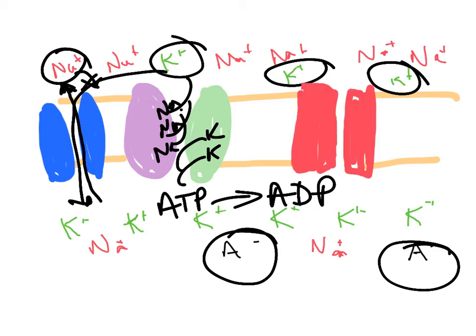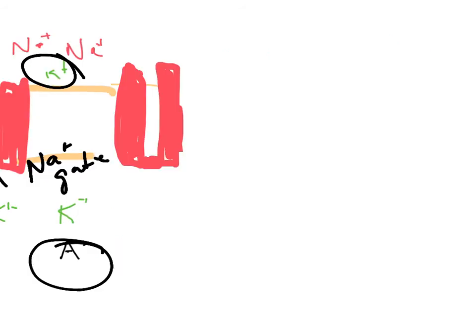We also have, we talked about before, gated ion channels, which under certain circumstances will open up and allow for the transport of ions. In this case, this is a sodium gate. So how does this give us an action potential?